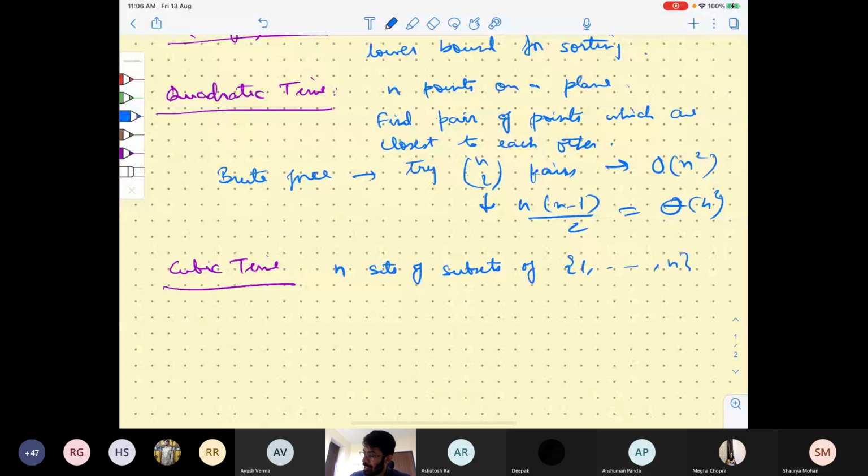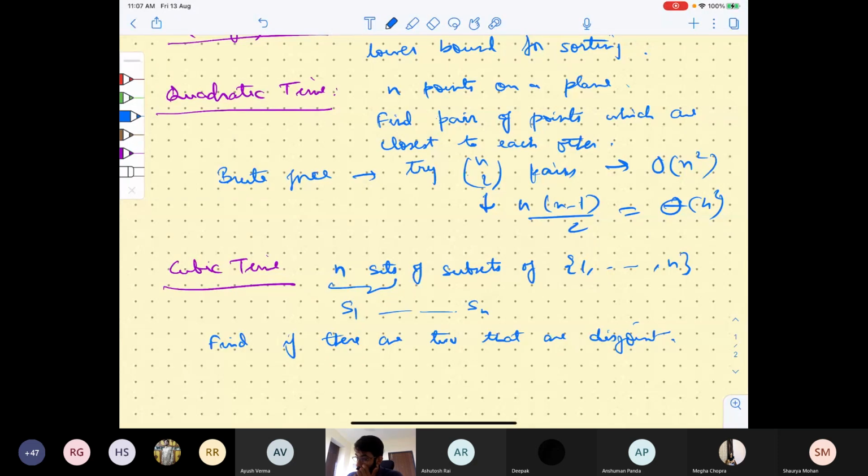Here n is getting overloaded, but it is deliberate that the n is the same. Let's say the sets are S1 to Sn, and you want to find if there are two that are disjoint. How would you do that?